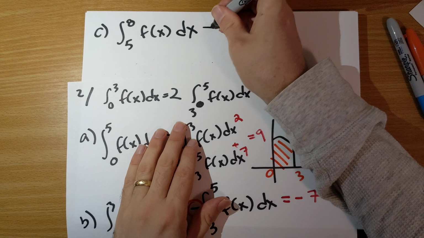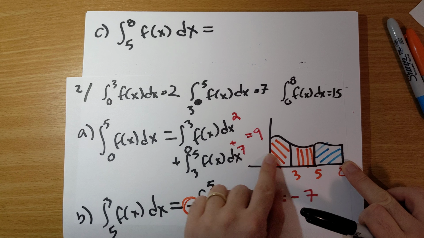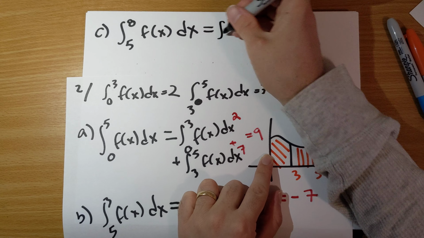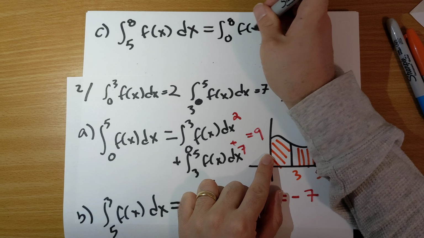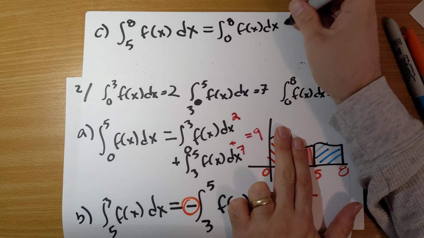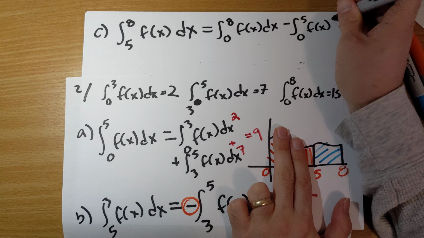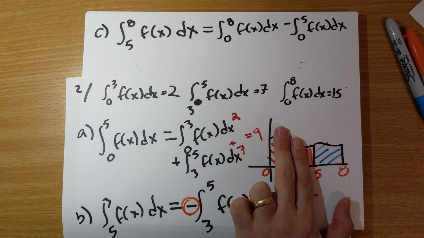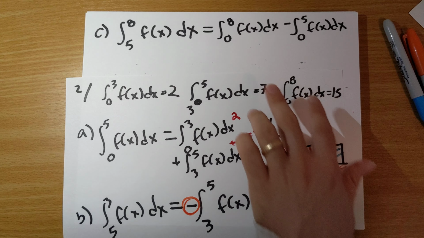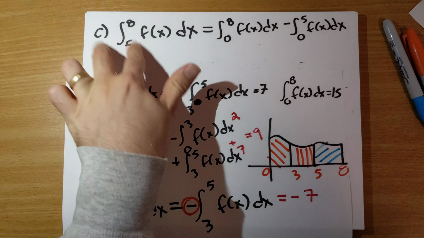So this picture shows that the integral from 5 to 8 of f of x dx is equal to the integral from 0 to 8 of f of x dx, but we don't want this in here, minus the integral from 0 to 5 of f of x dx. If you're unconvinced by this, rearrange it and move this to the other side.